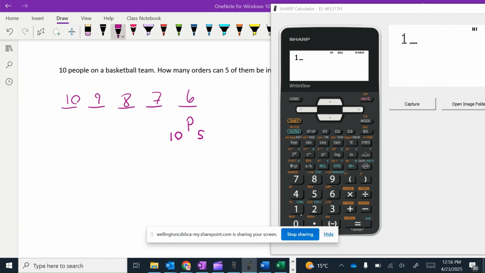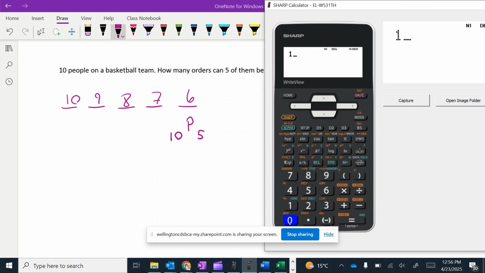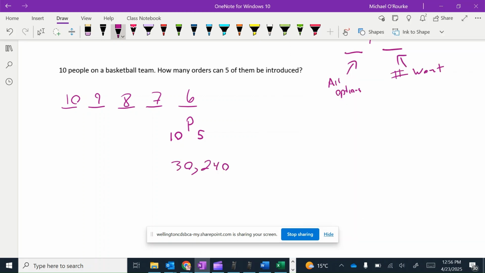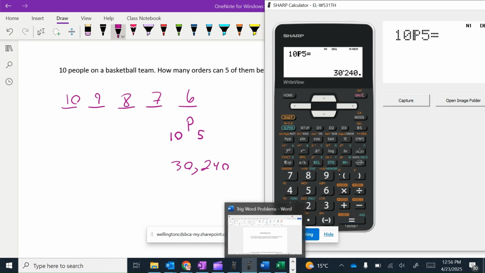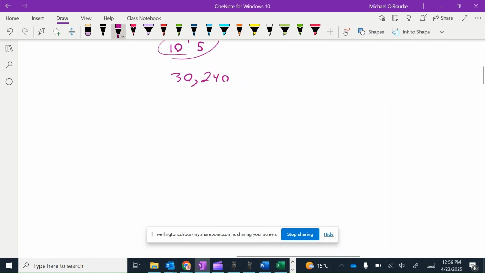So it'll be 10P5. I'd have 30,240. And that's the exact same as 10 times 9 times 8 times 7 times 6. Exact same number, but a lot easier to write this.